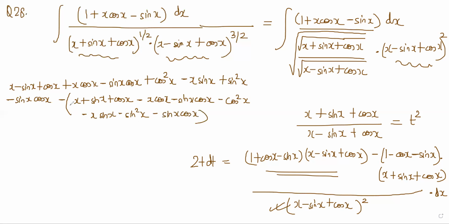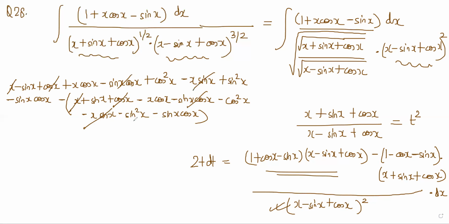This is the simplification. Now notice here that this is minus sin x plus cos x. So this minus x cancels this x. This minus sin x doesn't cancel. Minus cos x cancels. This one plus x cos x doesn't cancel. Plus sin x cos x cancels this one. Plus cos square x doesn't cancel. Plus x sin x cancels this one.